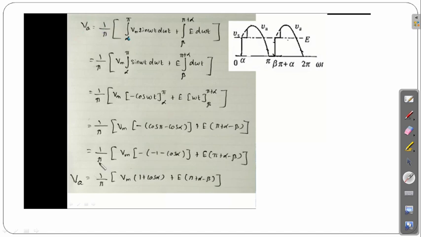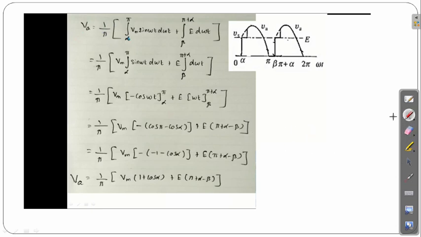So again, Va equals 1 by pi Vm into, minus into minus gives plus 1, plus cos alpha, plus E into pi plus alpha minus beta.